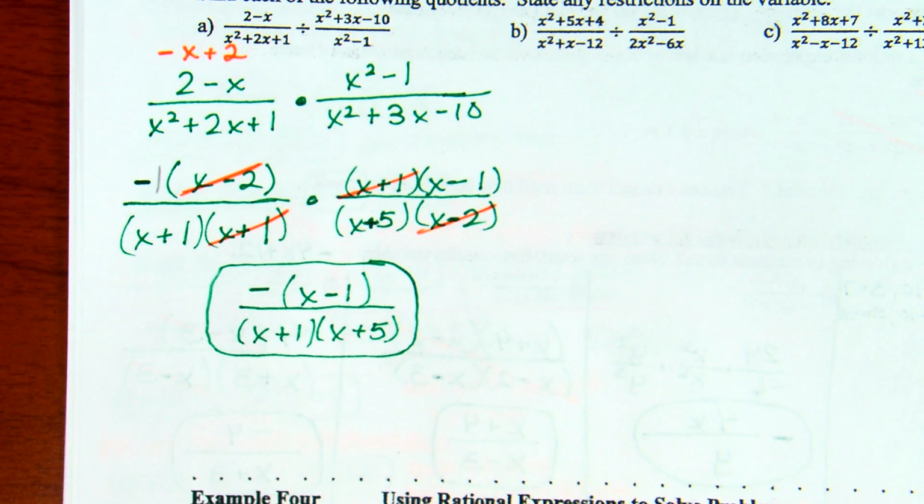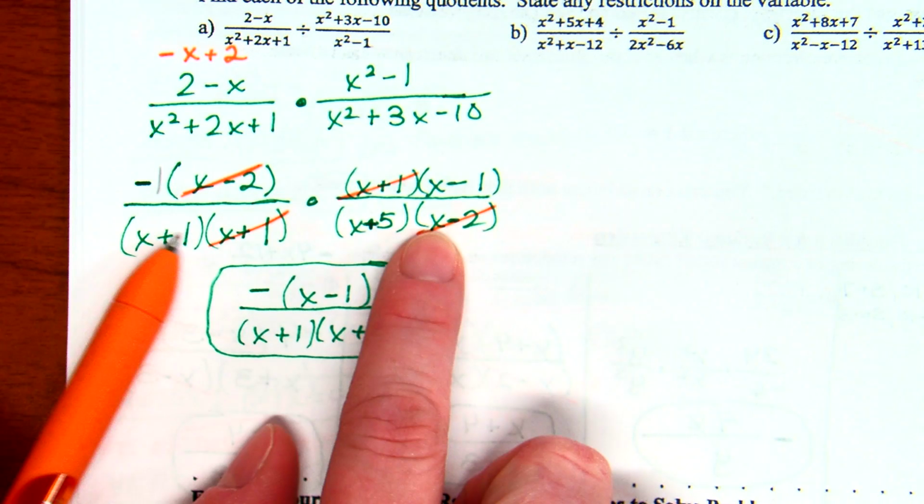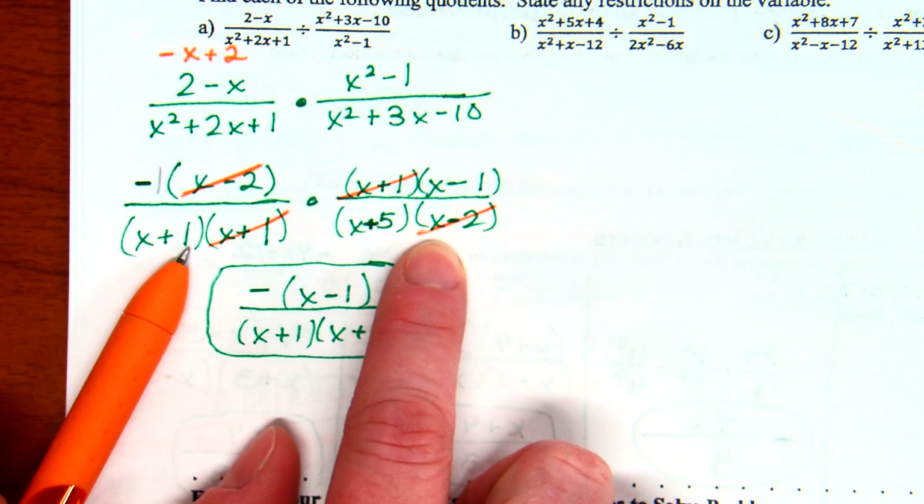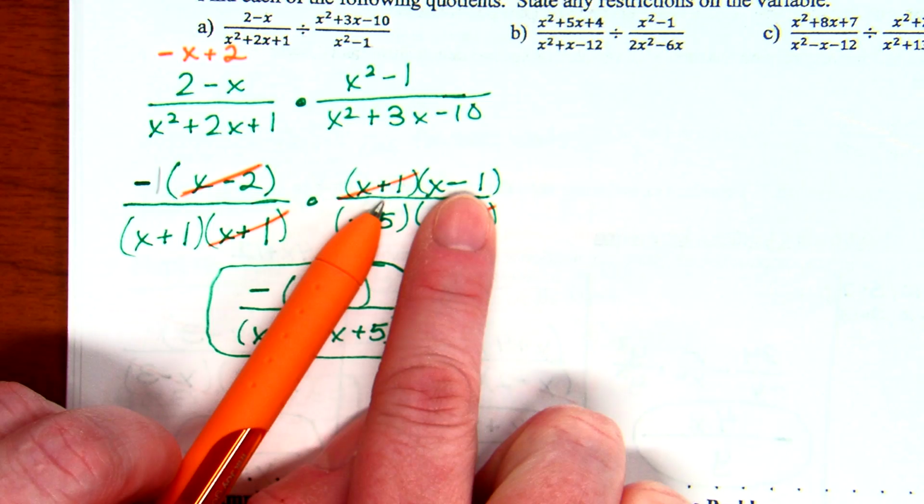Yes? Here's the deal. When we look at our factored denominators, we think about these pieces right here, yes? But what else was in the denominator, however briefly? The top over here was in the denominator. It was brief, right? Because we flipped it right off the bat. But x squared minus 1 started in the denominator.